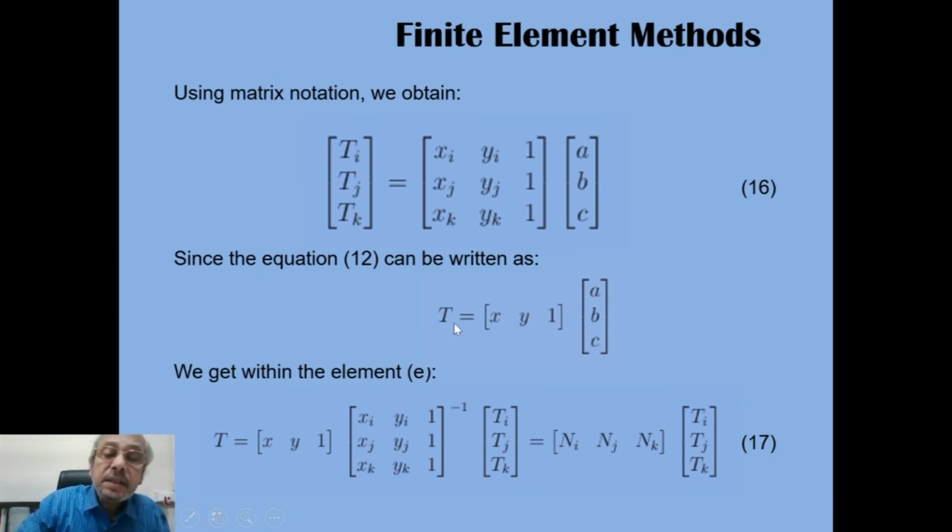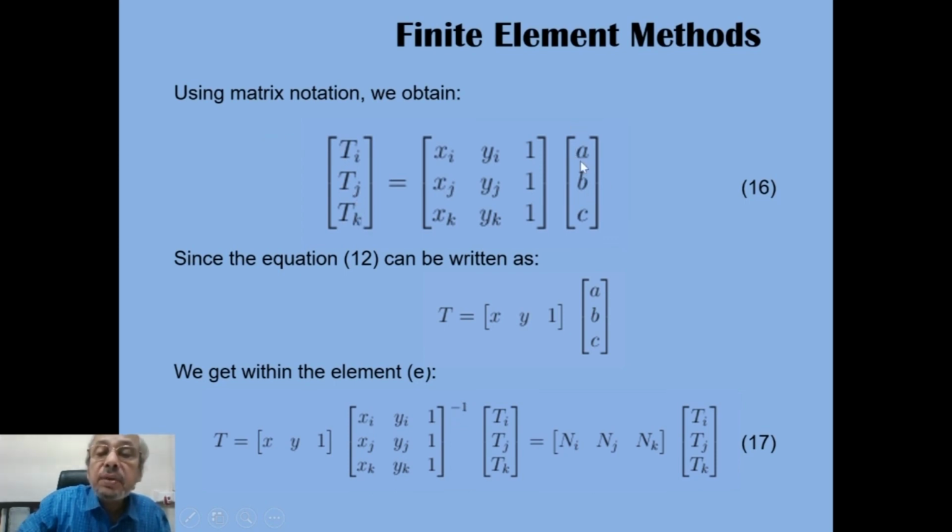Now in this we can rewrite for the element E that T is given by x y 1 multiplied by the A, B, C column matrix. What is the value of the A, B, C column matrix from 16? It is basically the inverse of this matrix into Tijk. So xi yi 1, xj yj 1, xk yk 1, exactly this matrix inverse into Tijk.